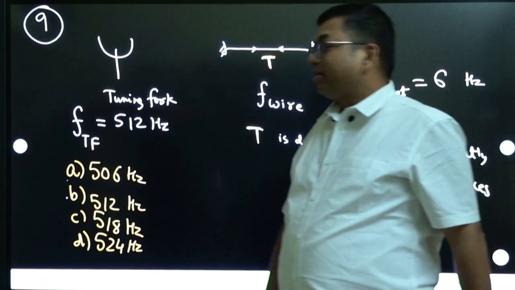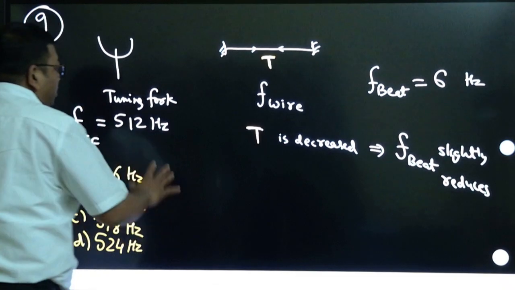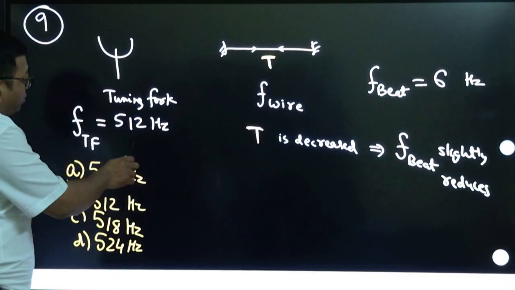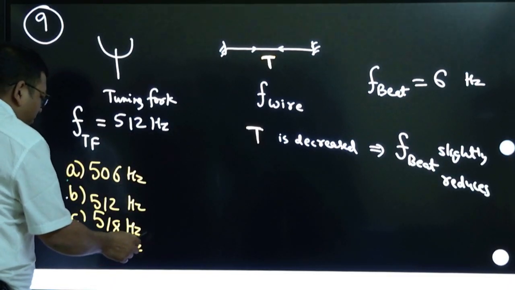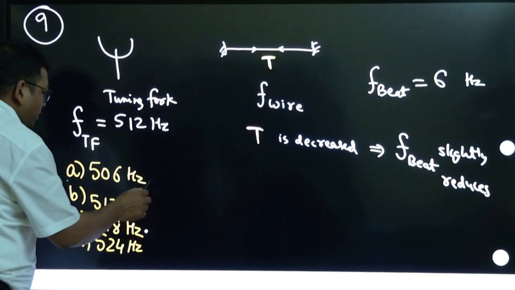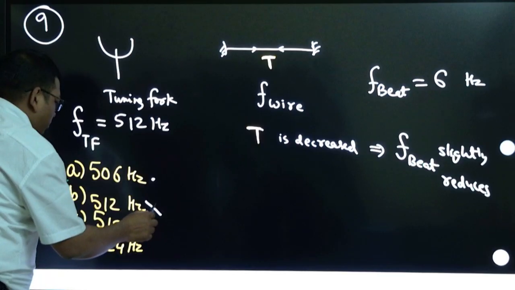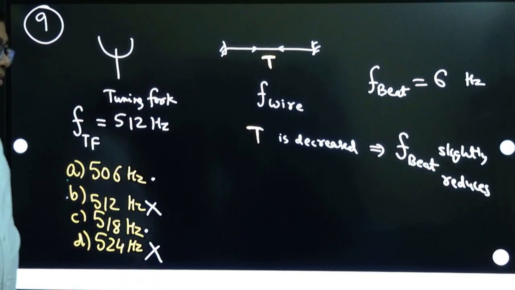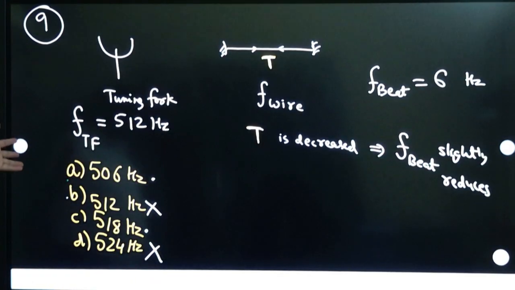So which can be the possible answer without doing anything? Guess out. 512 plus 6 means 518 can be a possibility. 512 minus 6 means 506 is a possibility. That means you remove the others. Two options are gone anyway. Now you have to choose either A or C.